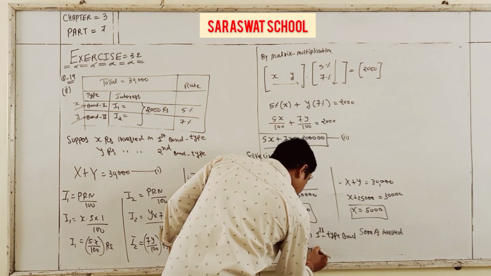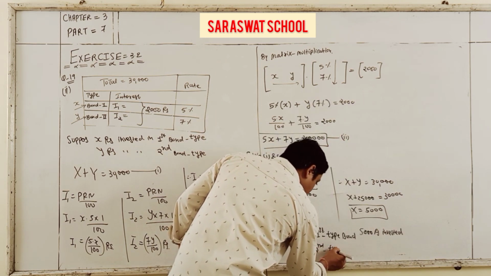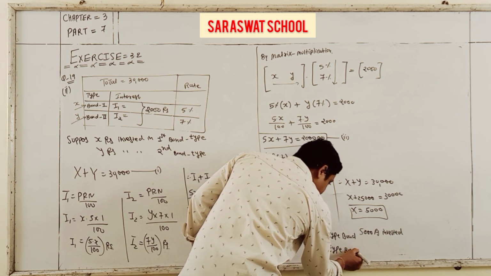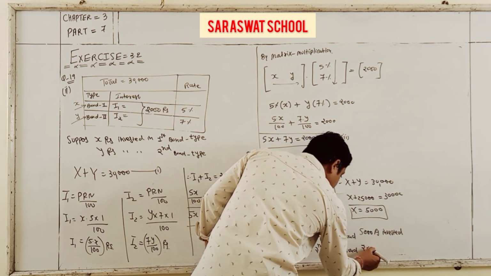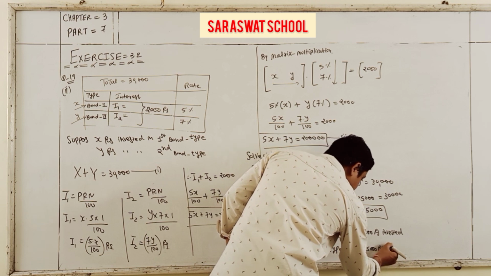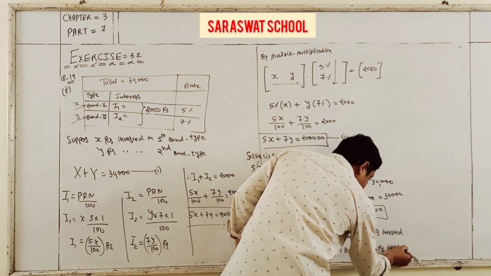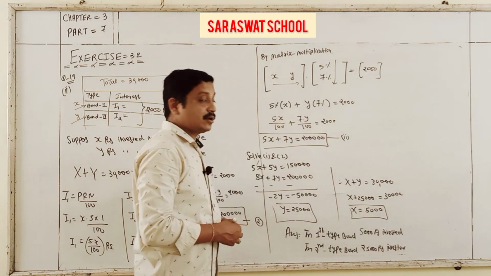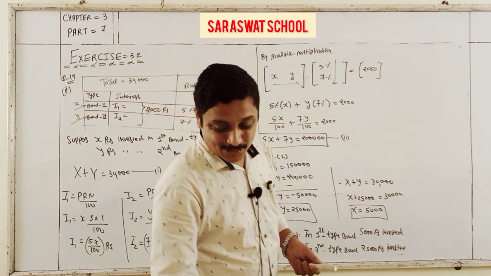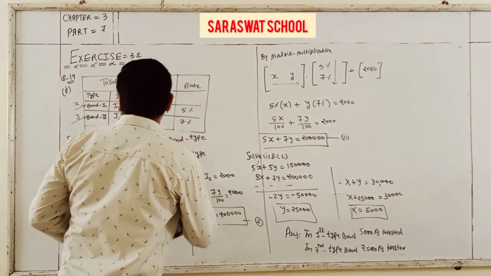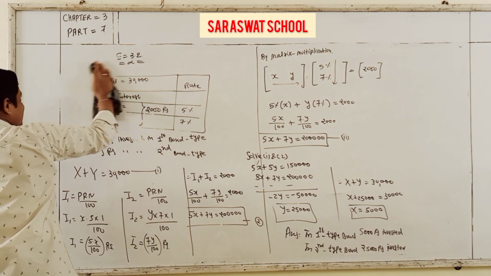And in second type bond 25,000 rupees invested. And that's your done easily this question, students. Now I will go ahead and move to next question, 20.